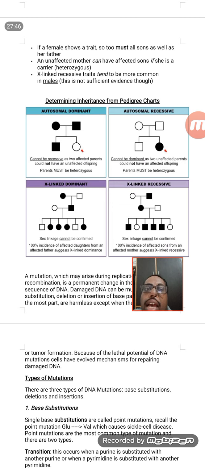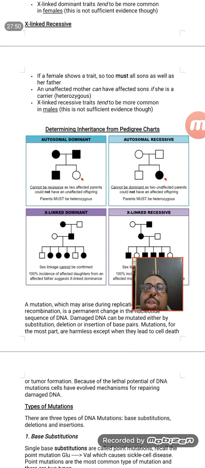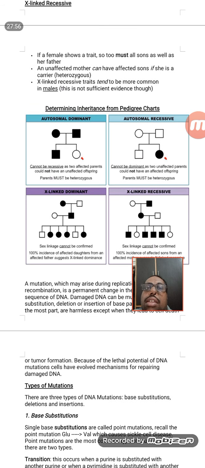And if it is X-linked recessive, if a female shows a trait, so must all the sons as well as the father. That means if the female is showing the trait, the male parent will be affected. An unaffected mother can have an affected son if she is a carrier.